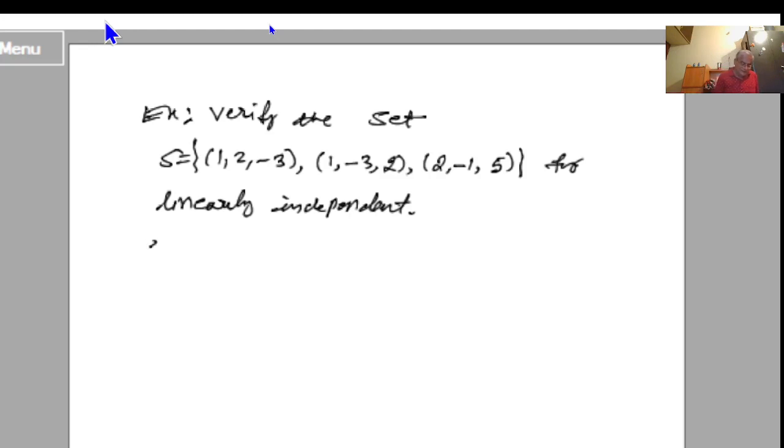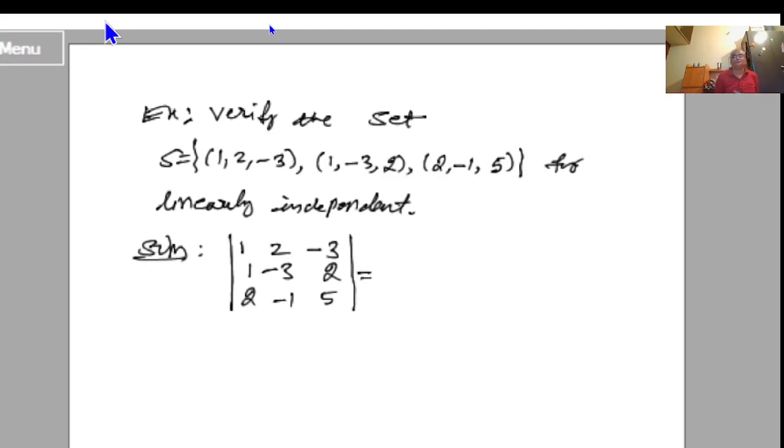Okay. So again, same method. Consider the determinant. First row, first vector 1, 2, -3. Second row, second vector 1, -3, 2. Third row, third vector 2, -1, 5.